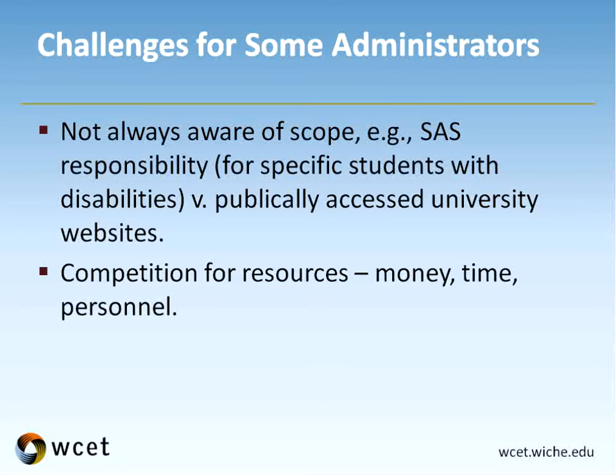So our office is intended to meet the needs of specific students with those disabilities and with captioning needs in particular. What they're not always aware of is that our office, SAS, isn't responsible for everybody's captioning needs. So sometimes they say, well, can't you guys just do that? And so there's an educational piece for that.